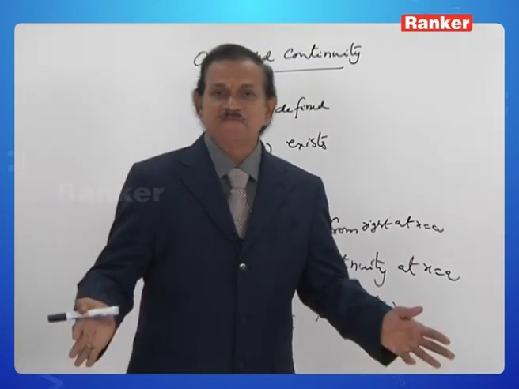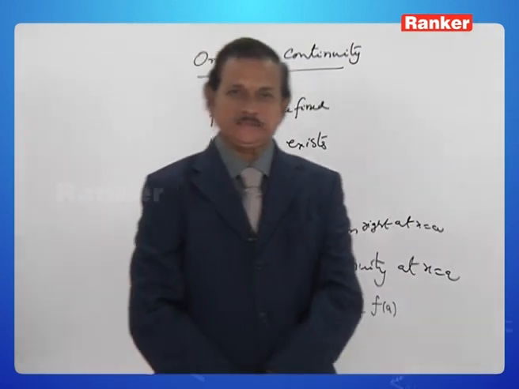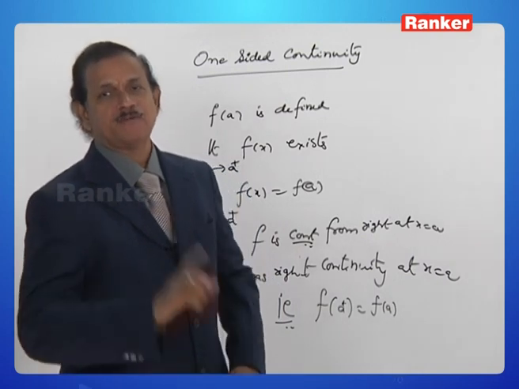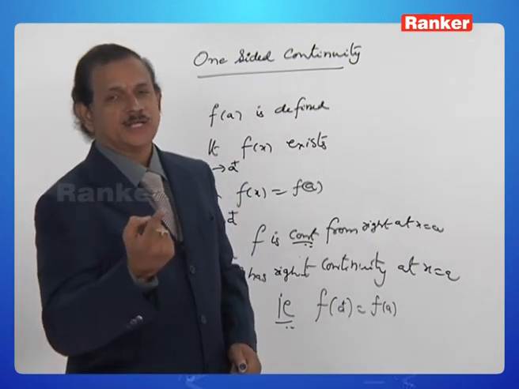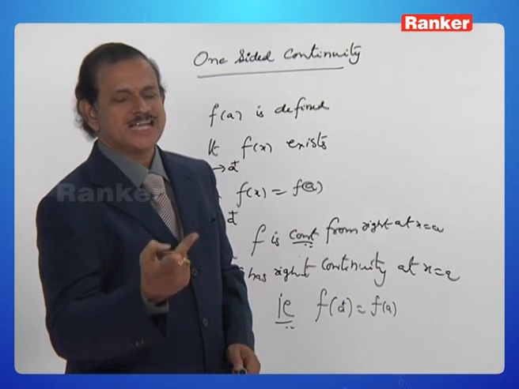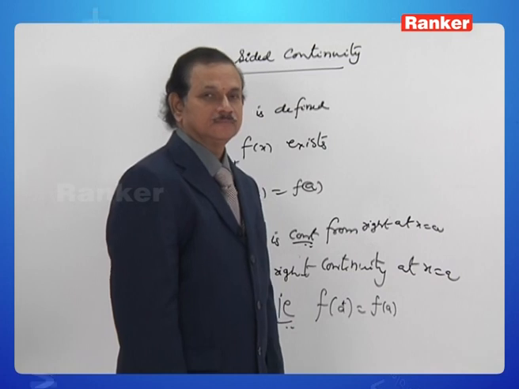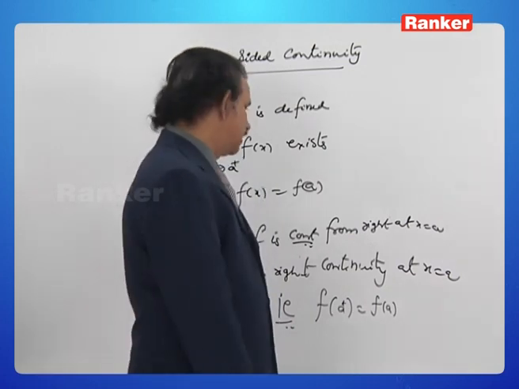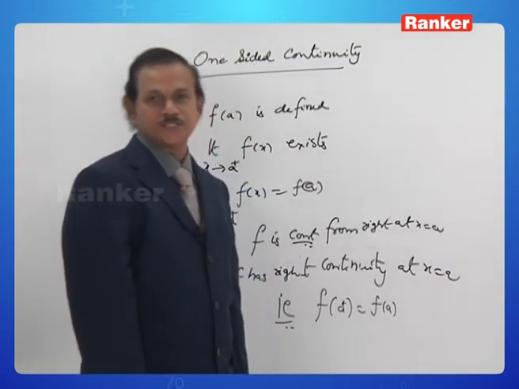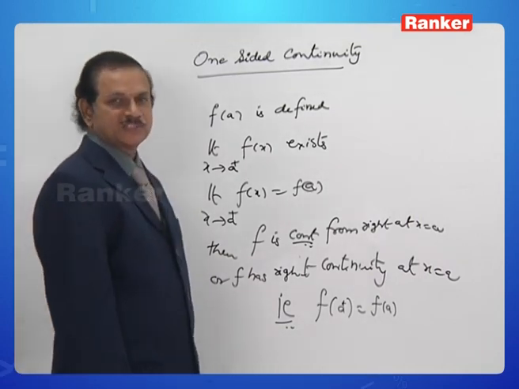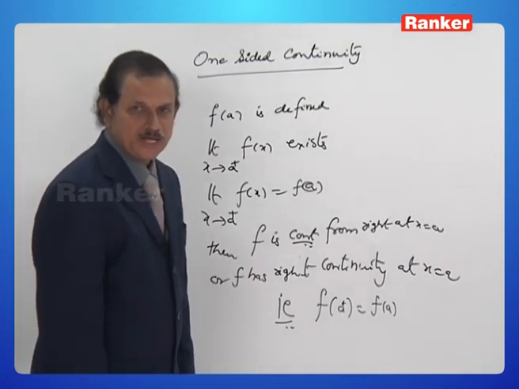It is quite evident, it is quite clear that f is continuous at x equal to a if and only if it has both left continuity and right continuity at x is equal to a. It must have both left continuity and right continuity at x equal to a. Then only we will be able to say that f is continuous at x equal to a.